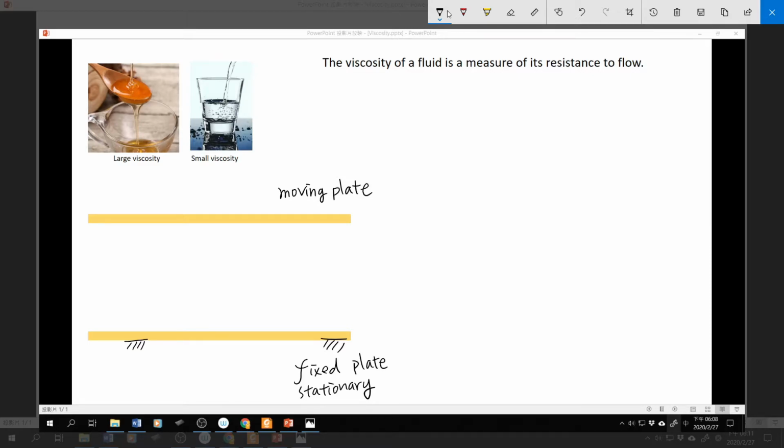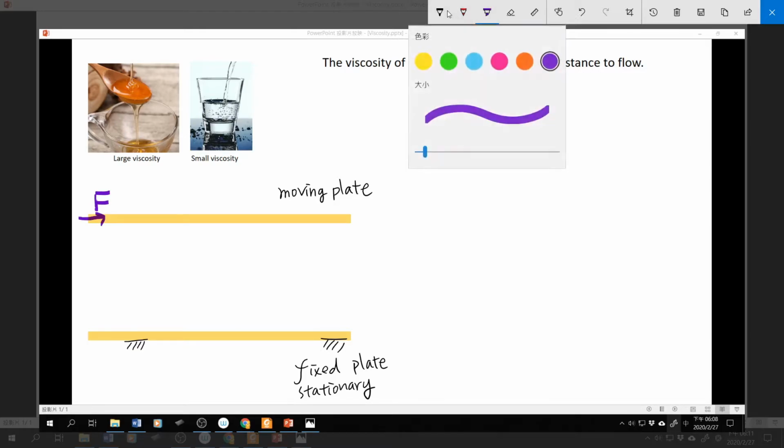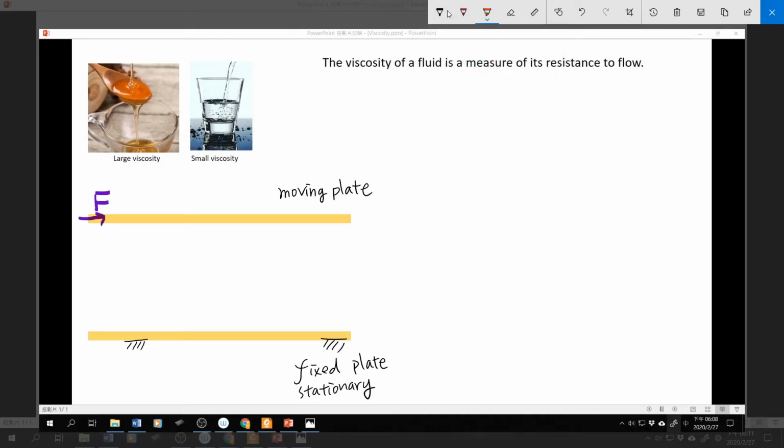Okay, and why do we say that it is a moving plate? It is because we apply the force in this direction. Like what we have learned before, this force actually is the shearing force. We apply the force here, and eventually the system becomes steady and the plate will move with a constant velocity U here.